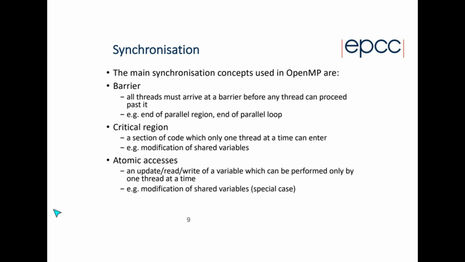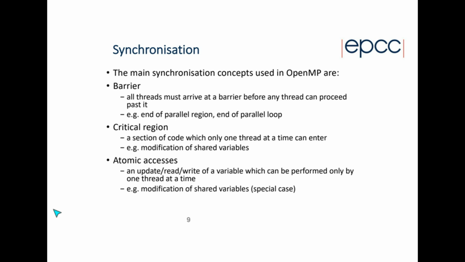And then the third one is kind of a special case of that, which is atomic accesses. These are basically a single access, an update, a read or a write of a variable, which can be performed by only one thread at a time. We'll talk later on in the synchronization topic about the distinction between critical regions and atomics.